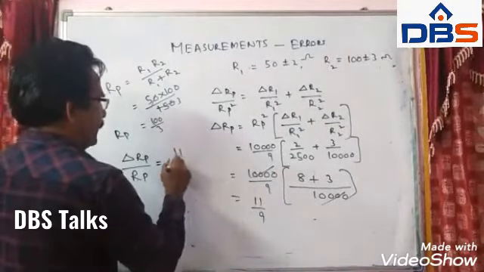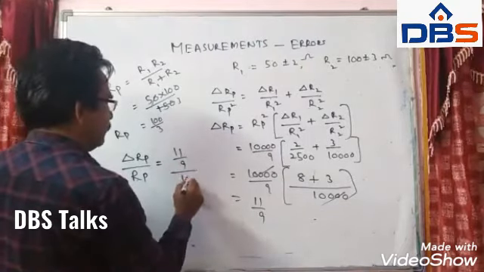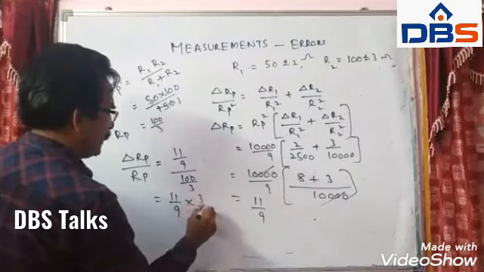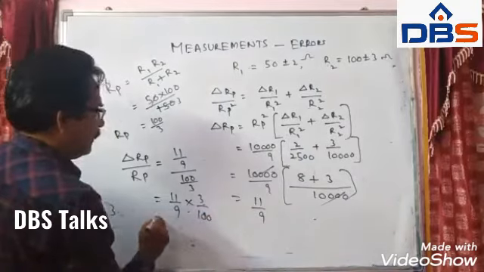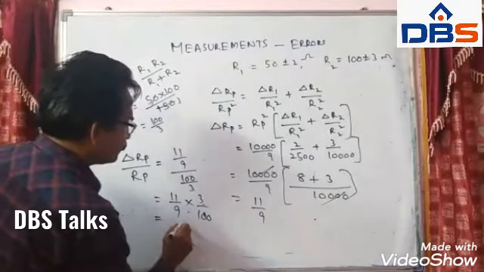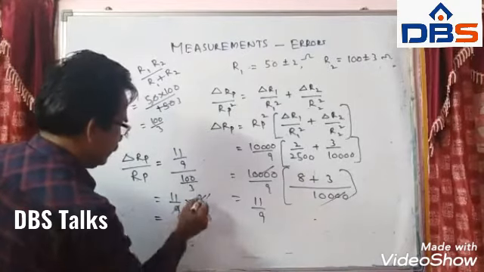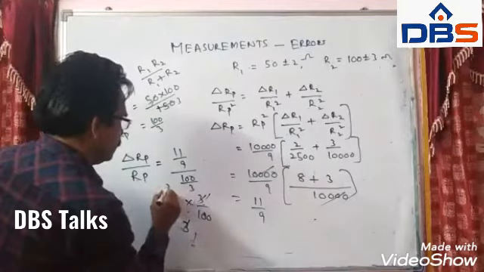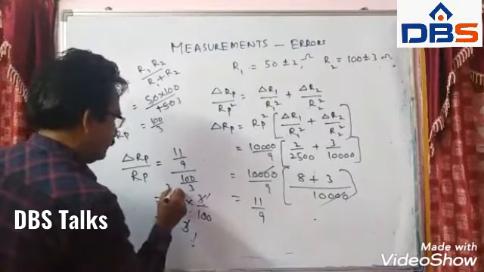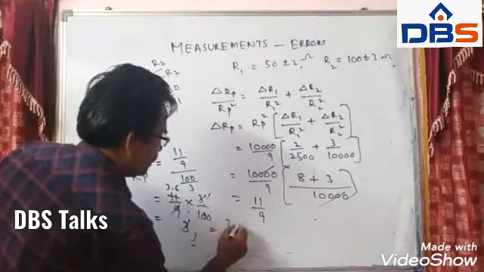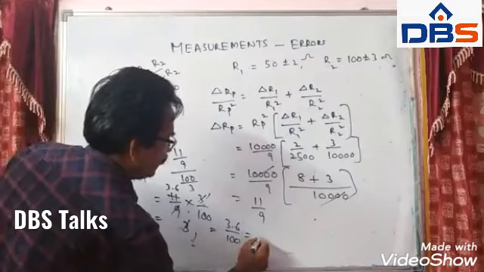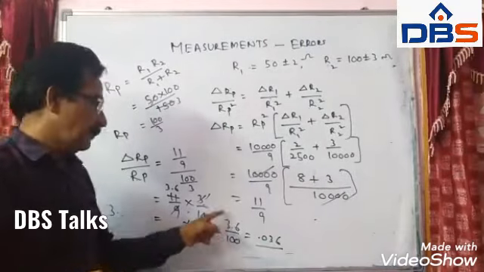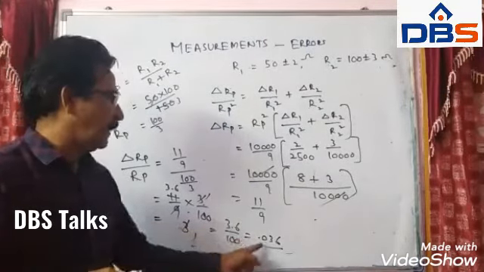So delta RP 11 by 9 by RP 100 by 3, that is equal to 11 by 9 into 3 by 100, that is 11 by 300. So 3.6 by 100, that is equal to 0.036.